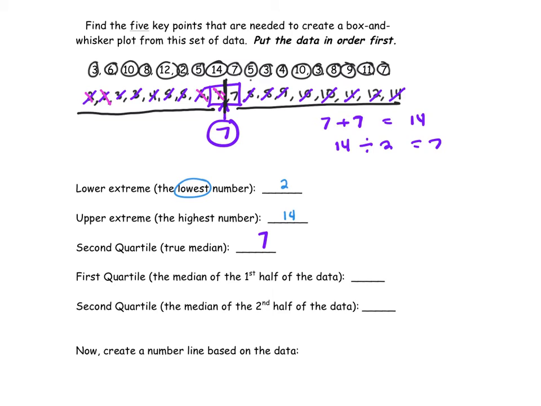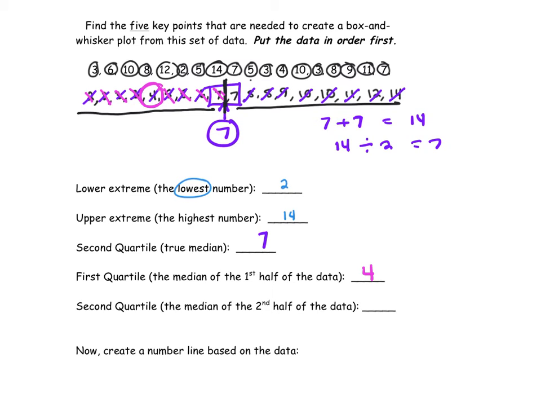Front and back, front and back, front and back. And guess what? We have a middle number that's just a single number. So the first quartile, the median of the first half, is 4.